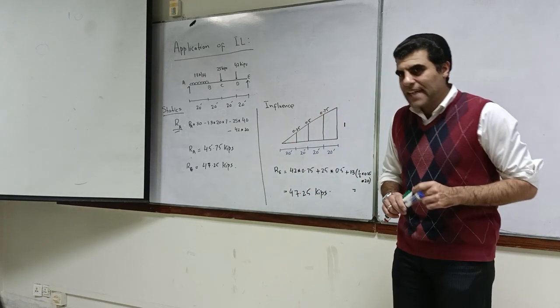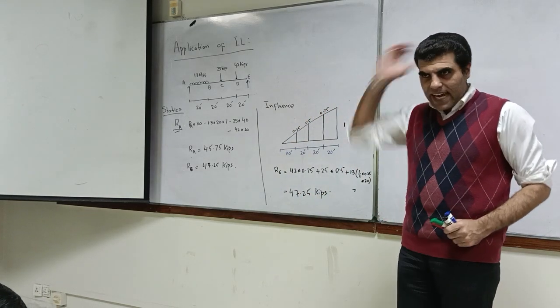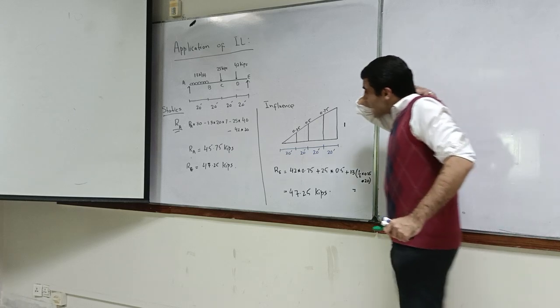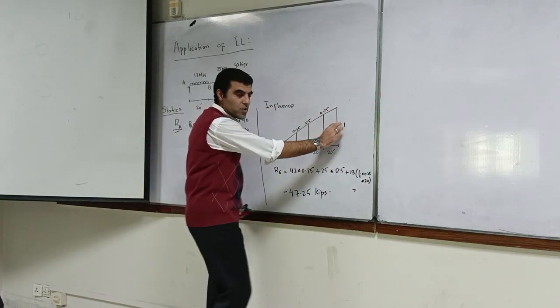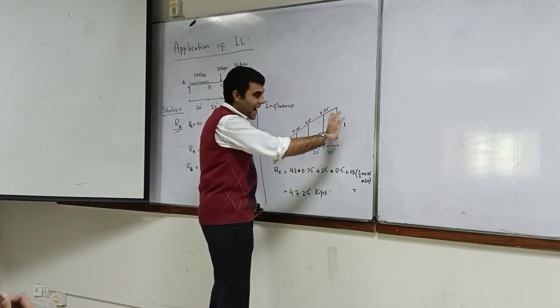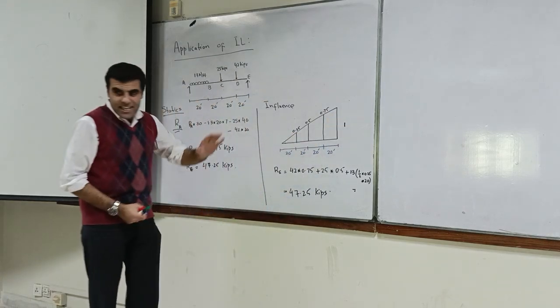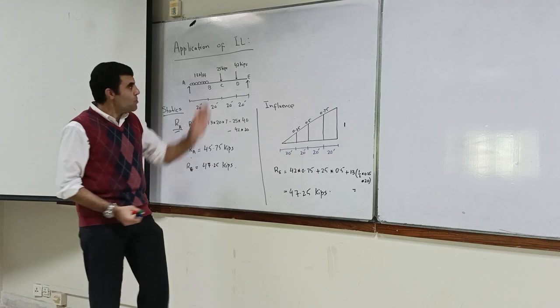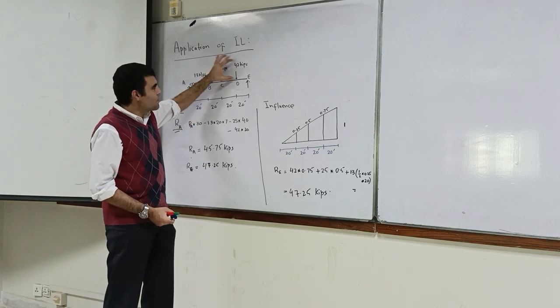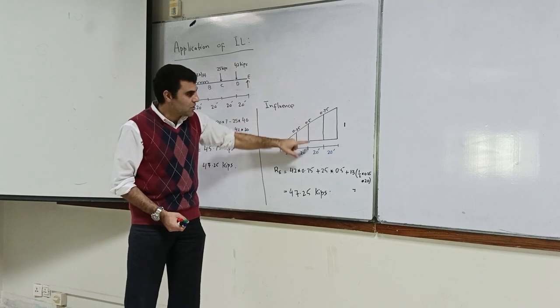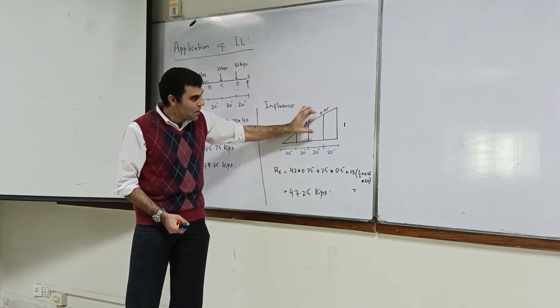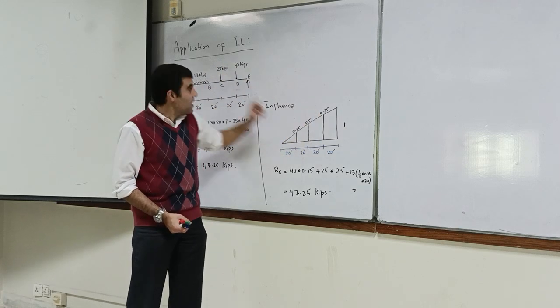The influence line diagram actually gives us, as I told you, this is for a unit magnitude. Okay? And in the case of a concentrated load, you multiply the magnitude of that concentrated load at a particular location with this magnitude.